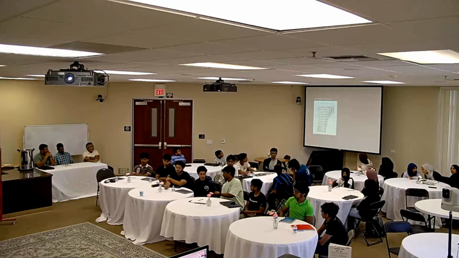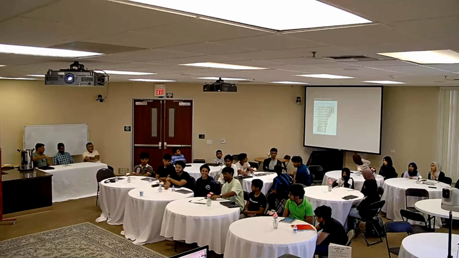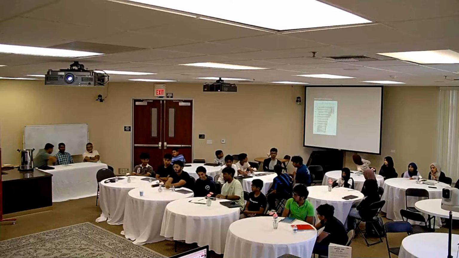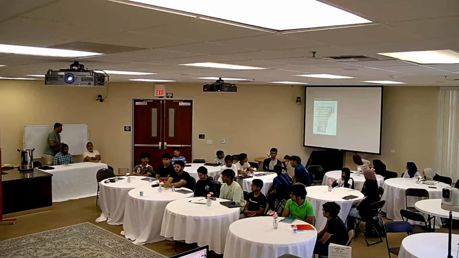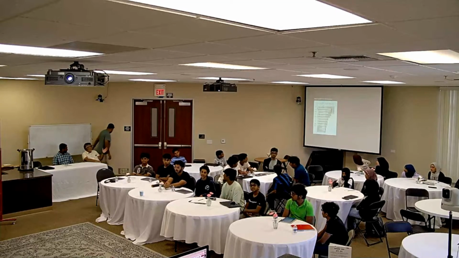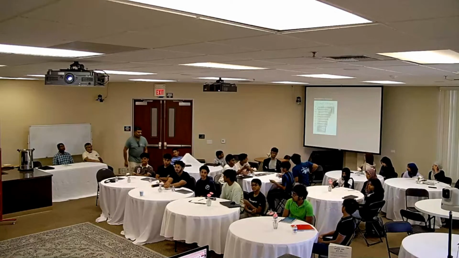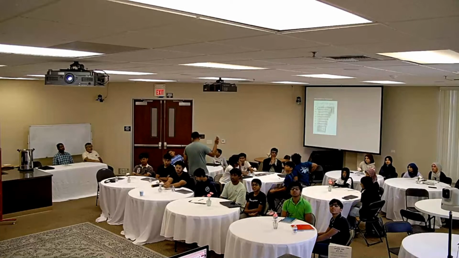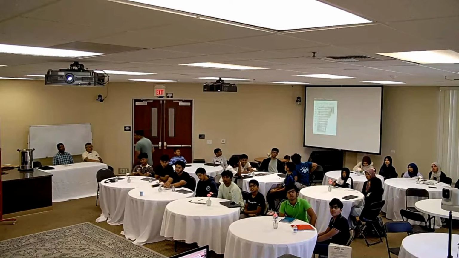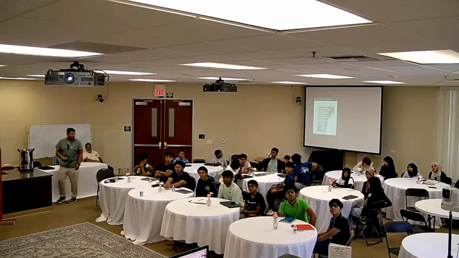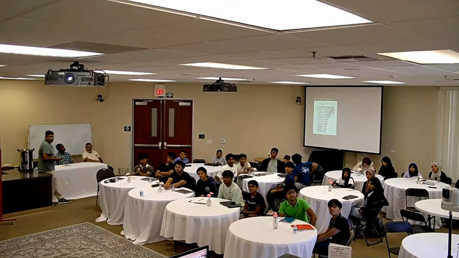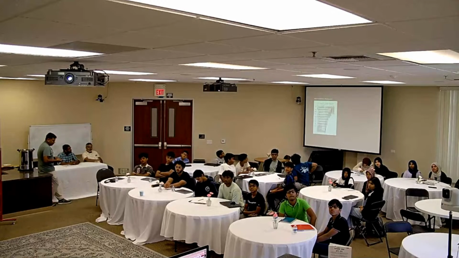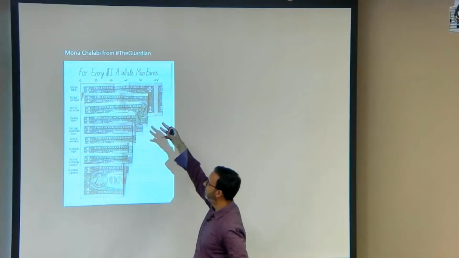Okay. Anyone else wants to answer it? What Ibrahim said is, you see, for every $1 a white man earns, a Hispanic woman would earn this much amount, a black man would earn this much amount, and like that, different things, right?